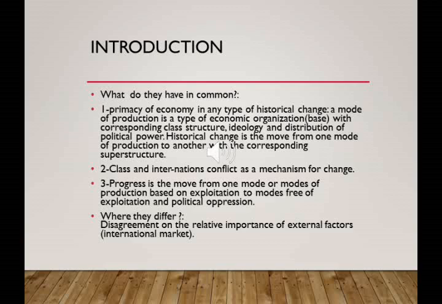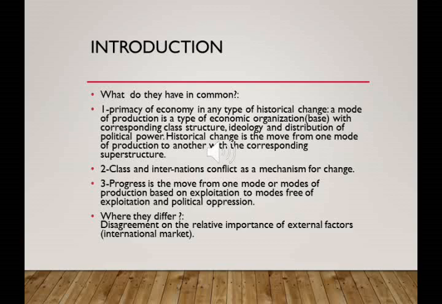The conflict takes place between the oppressed class and the oppressor class, between the dominated class and the dominant class. And if the dominated class wins, then this would lead to a change of the mode of production, leading to another mode in which the former dominated class becomes the dominant class.